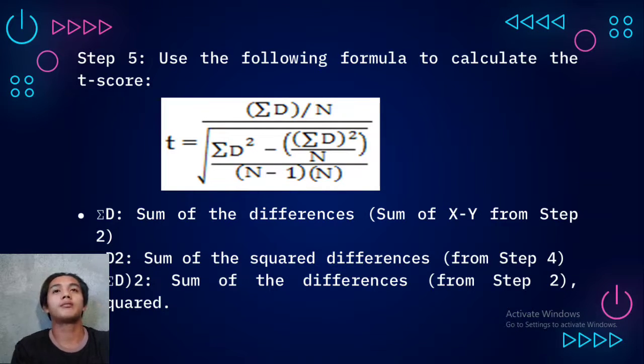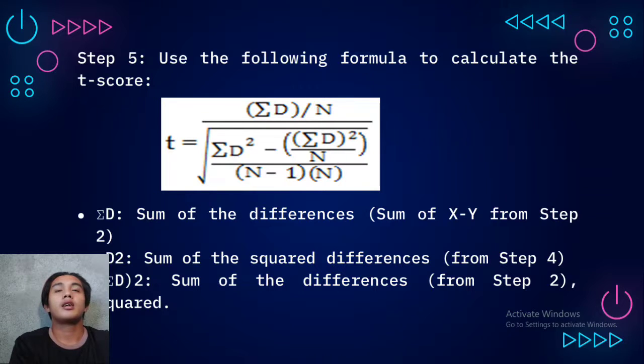Step 5. Here, we will use the formula of the t-test. The formula is t is equal to summation of d over n, all over the square root of summation of d squared minus the quantity of summation of d squared over n, all over the quantity of n minus 1 times n.